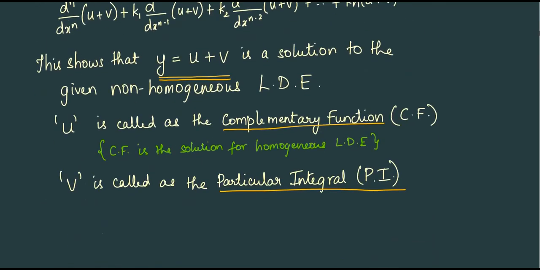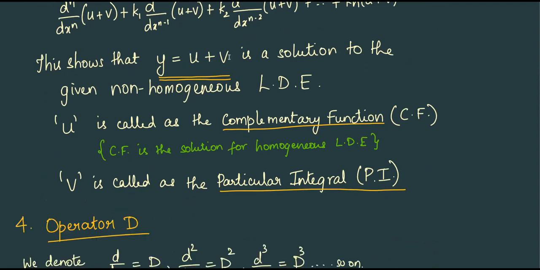So this is the main concept of solving the linear differential equations with constant coefficients, and it is applicable for non-constant coefficients also. We will see that. So the total solution is U plus V.